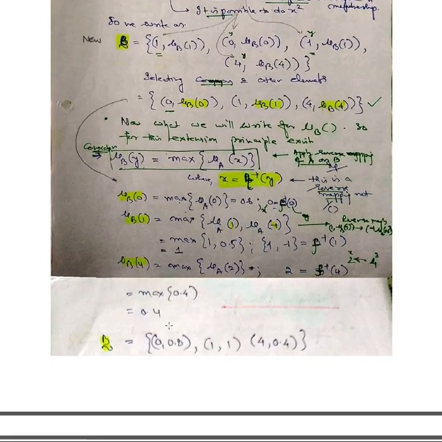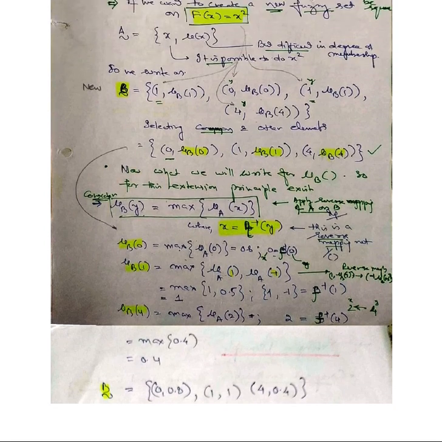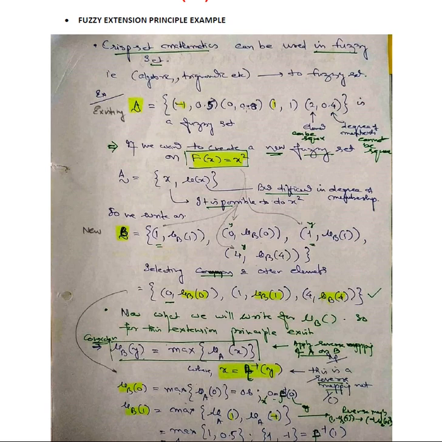So x previously was 4 elements, now y becomes 3 elements. But this mu B will be the same as mu A. So at mu B of 0 you are having the value 0.8.